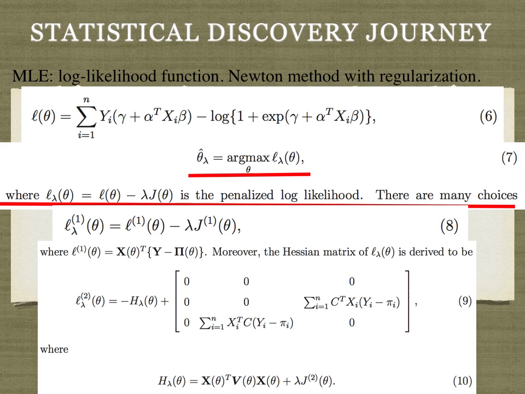L of theta is the sum over all indices from 1 to n of y_i times the log likelihood, and we try to maximize it with the iterative results shown in Formula 8, which happens to be Newton's method with regularization.